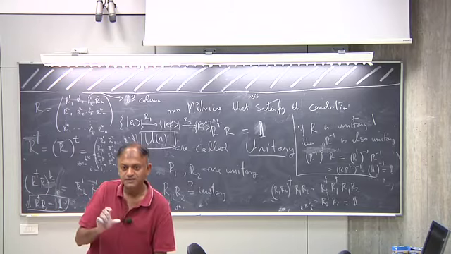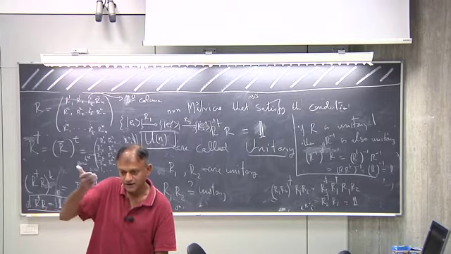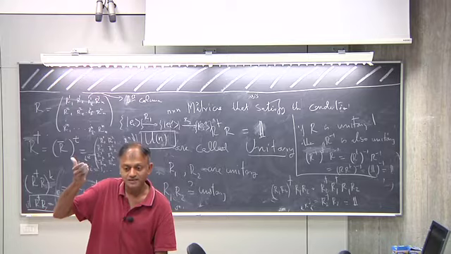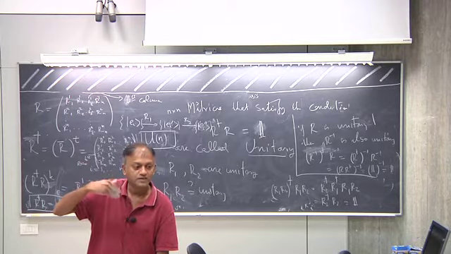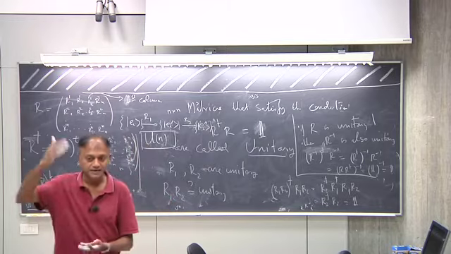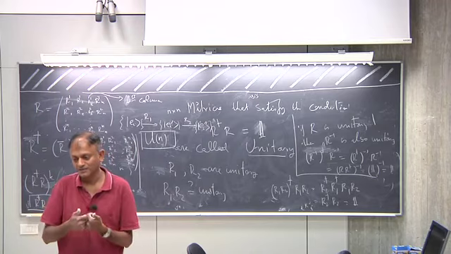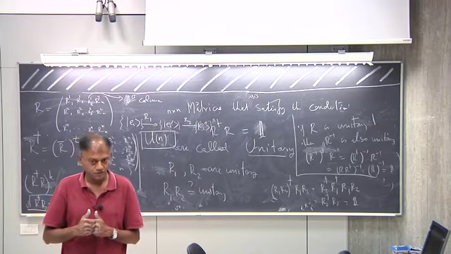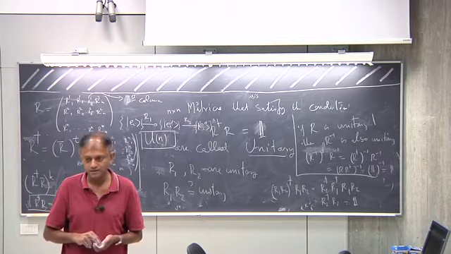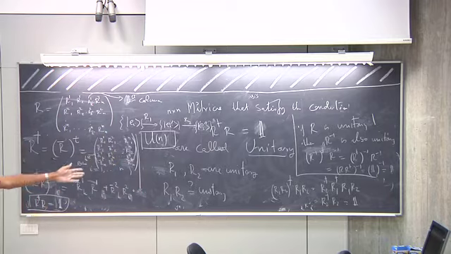Which means that the transformation which takes you from the initial state to the final state is a unitary transformation. It will be a unitary matrix. Of course, in quantum mechanics the space is infinite dimensional, but nevertheless it will be a unitary operator. The time evolution operator is a unitary operator. So unitary operators play a very important role in quantum mechanics. Here I'm talking about the finite dimensional case, so it is a unitary matrix.